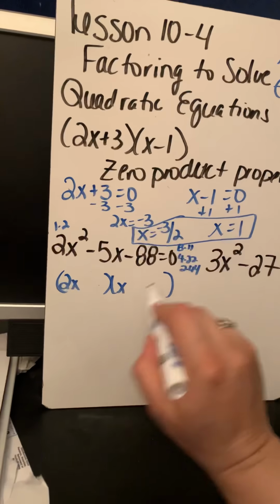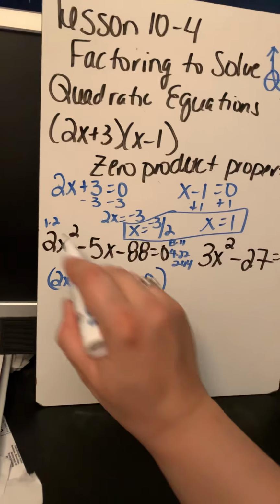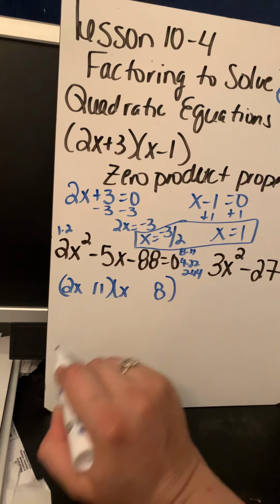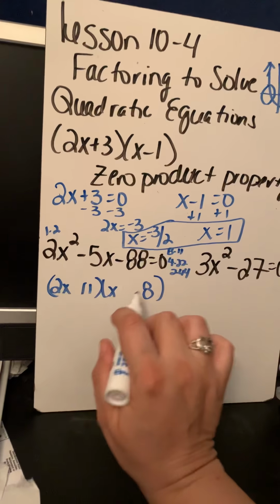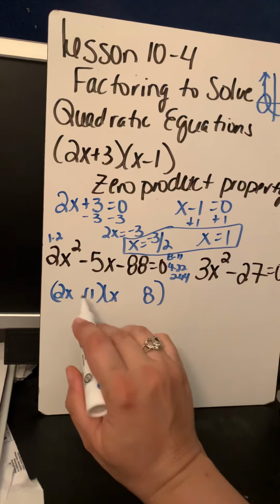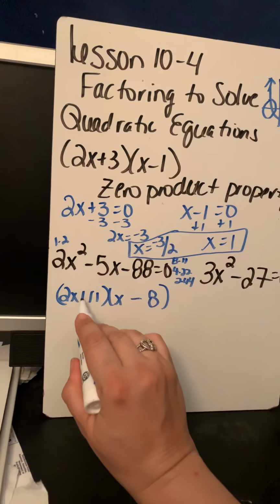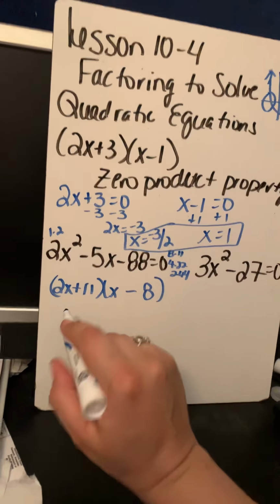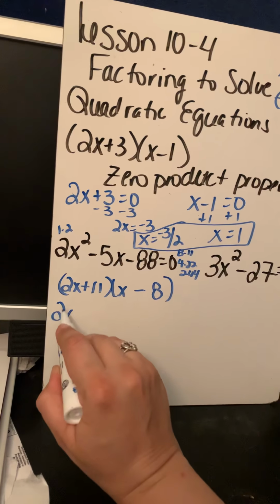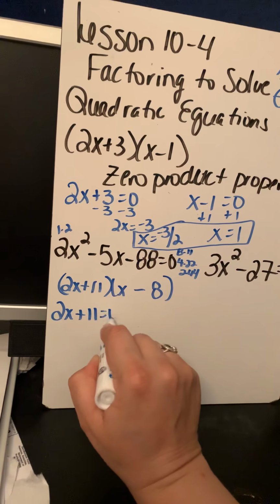So 2x, x. What did I do? I went 2 times 8. Opposite of 2 goes my 8. 1 times 11. Opposite of my 1 goes my 11. Minus means my bigger set needs to be minus. 16 is bigger than 11. That's minus. That's plus. So now, what are my 2 x-intercepts? We're going to take each of these and set it equal to 0.